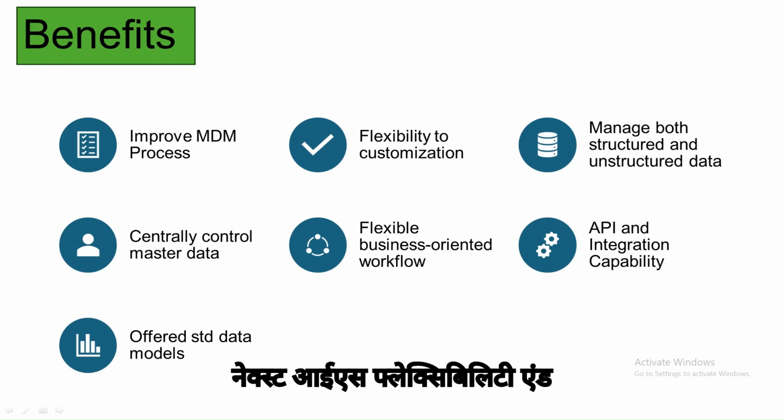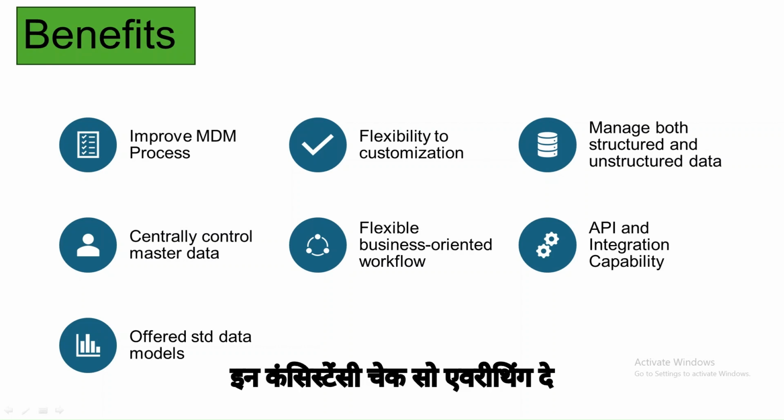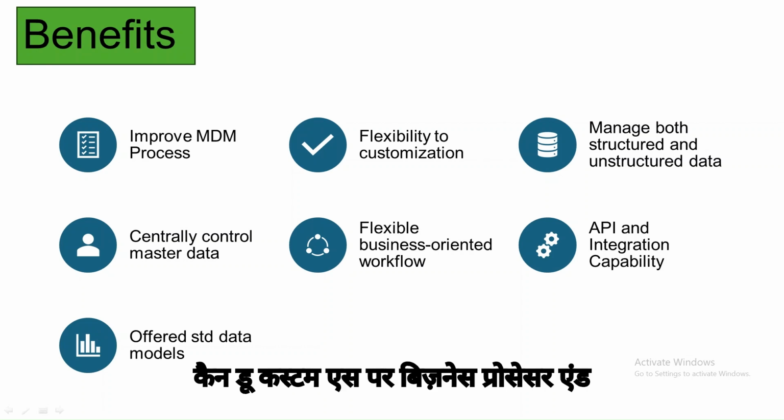Next is flexibility and customization. If your business wants to customize as per their business process, they can customize their own validation rules, or consistency checks. Everything they can customize as per business process.